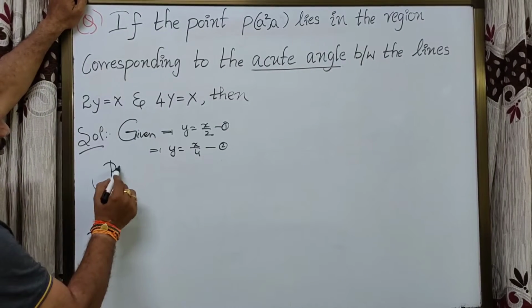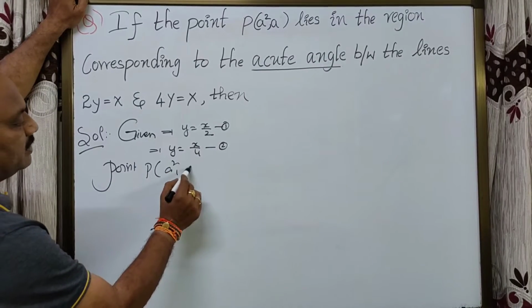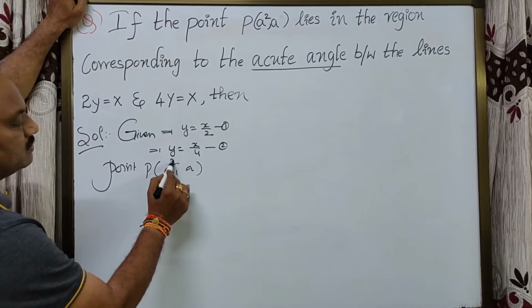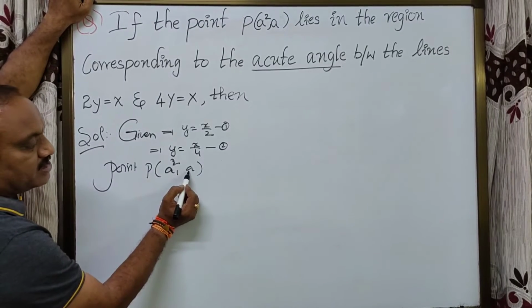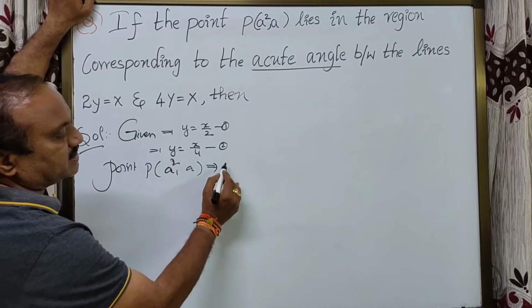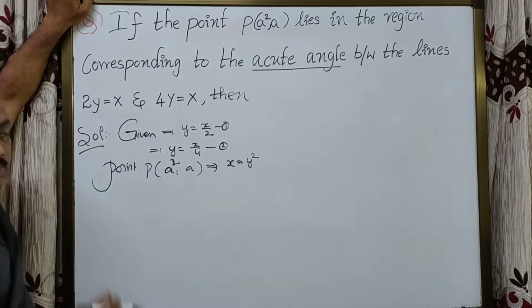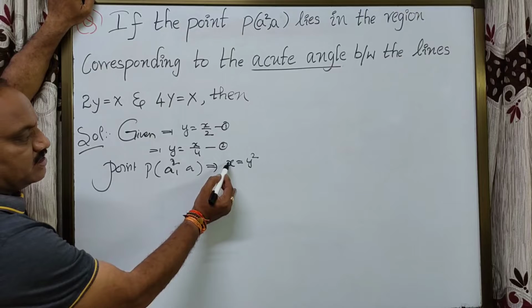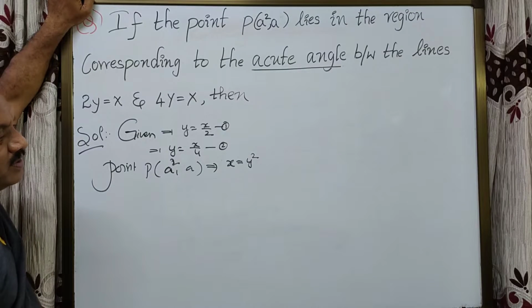See, point P (a², a): the x value is a² and y is a. That means x equals y².